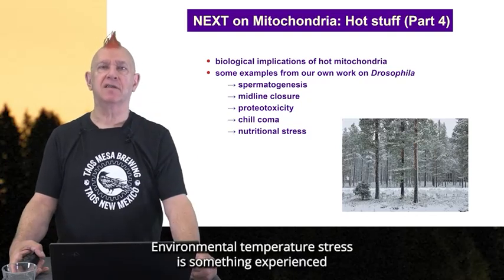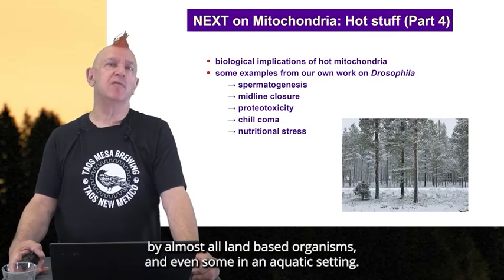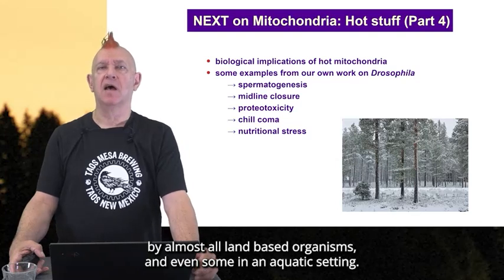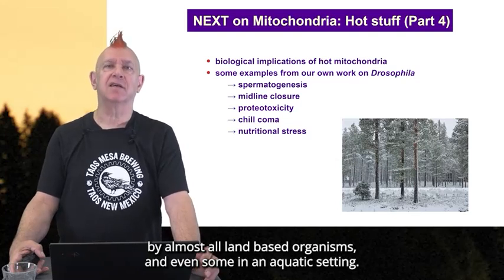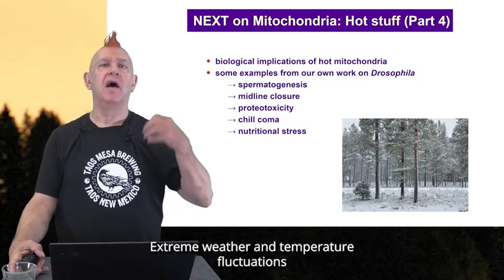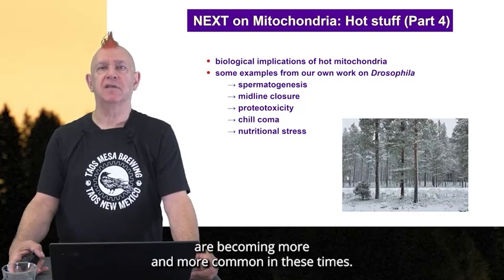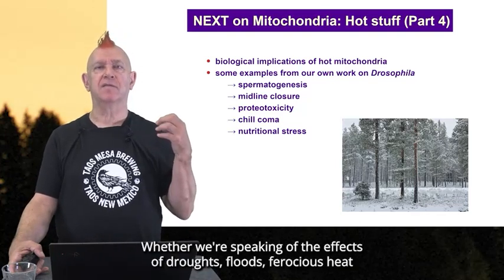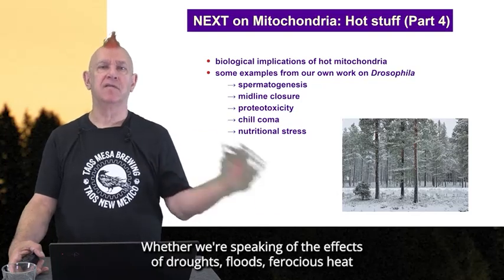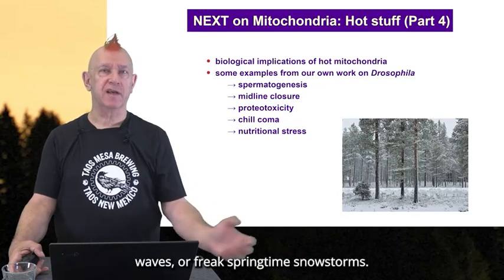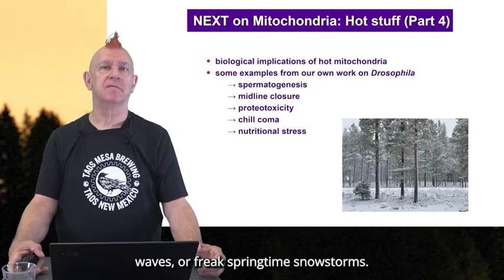Environmental temperature stress is something experienced by almost all land-based organisms, and even some in an aquatic setting. Extreme weather and temperature fluctuations are becoming more and more common in these times, whether we're speaking of the effects of droughts, floods, ferocious heat waves, or freak springtime snowstorms.